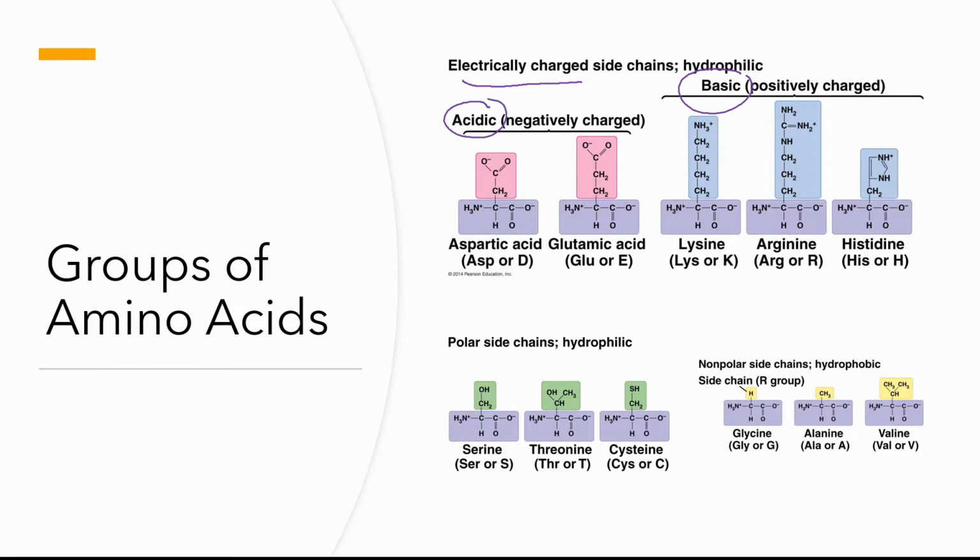Acidic side chain is negatively charged, whereas basic side chain is positively charged. Polar side chain is hydrophilic. It usually contains OH or SH. Lastly, non-polar side chain is hydrophobic. It is usually CH3.